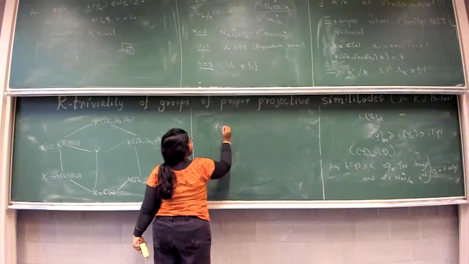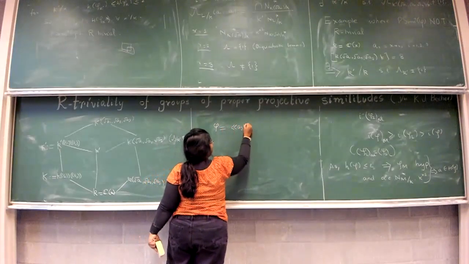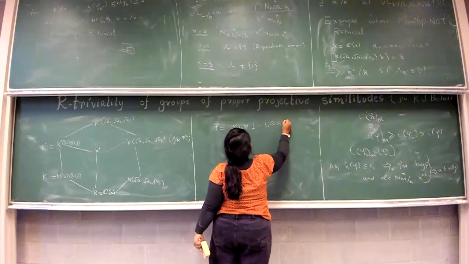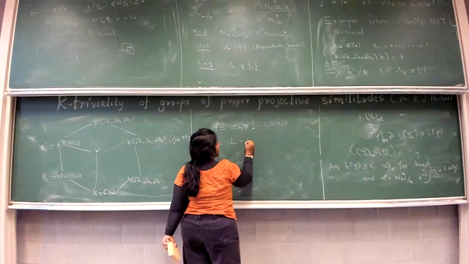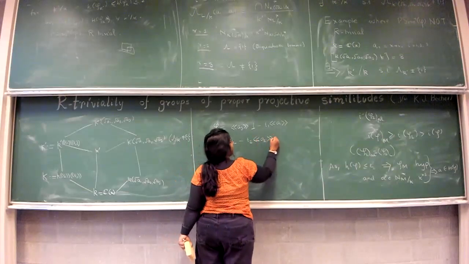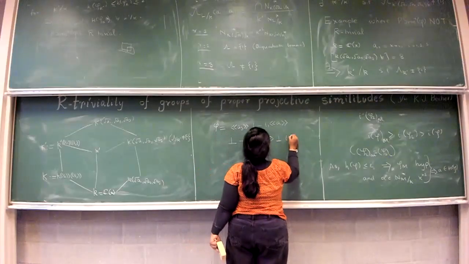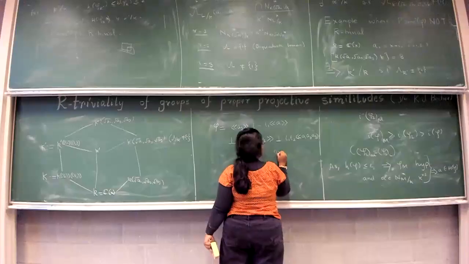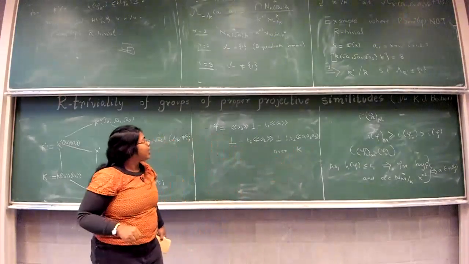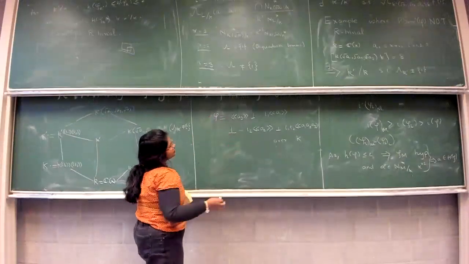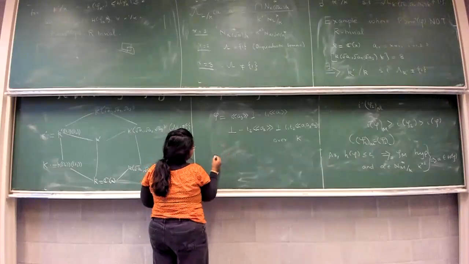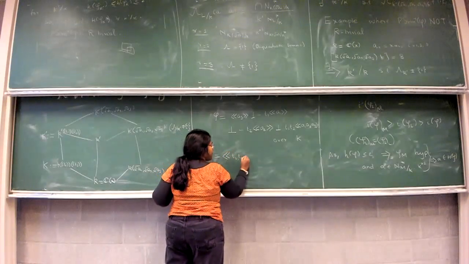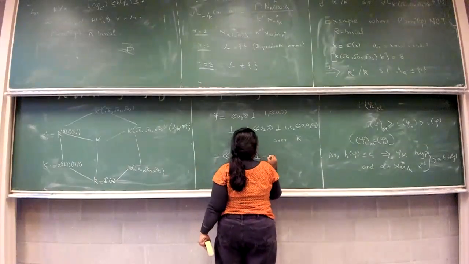So the form is a form over this capital K. And note that this form can actually be rewritten as a sum of two forms.